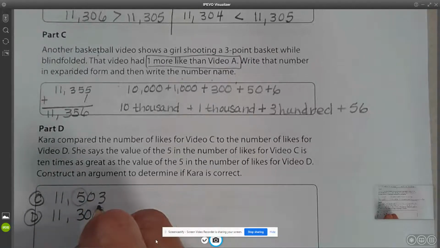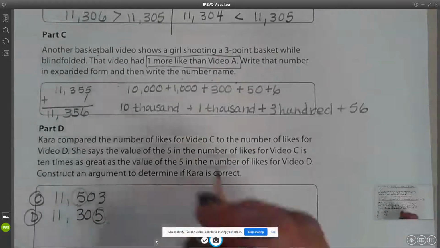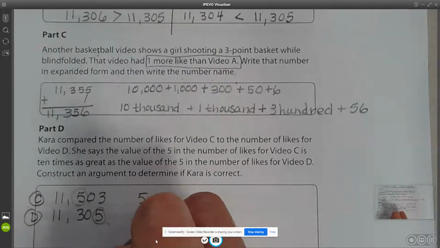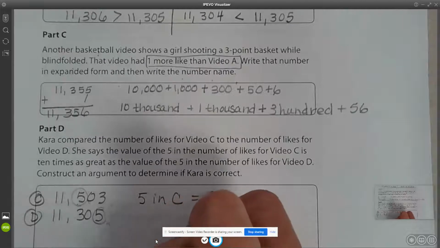Well, I know that each place value is 10 times greater than the one before it. So this 5 is worth 500. It would be 10 times greater than the 5's place, but it's not. It's in the 1's place, isn't it? So really the 5 in C equals 500.